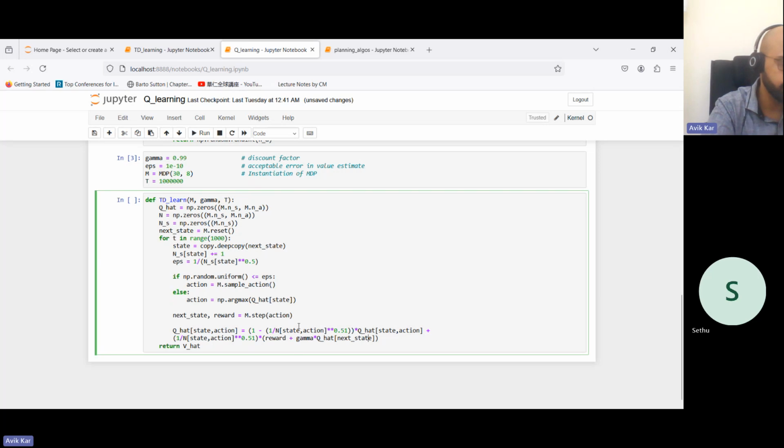Here we have to take a max over the next state and actions.